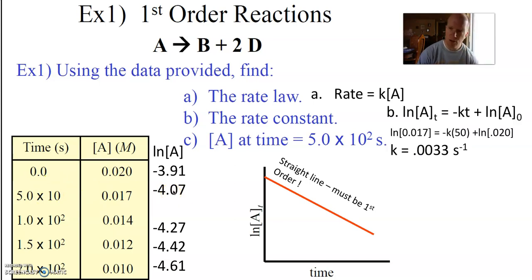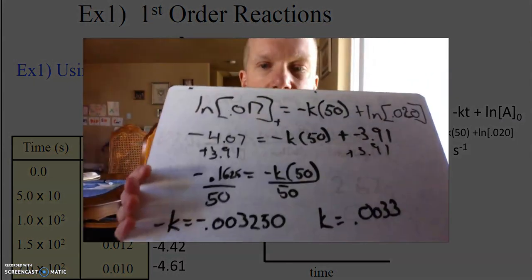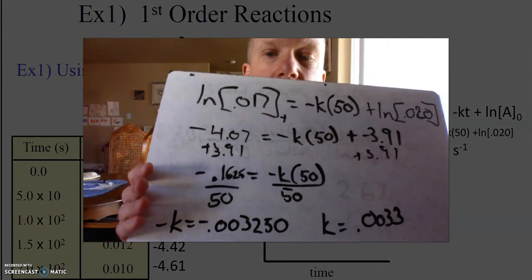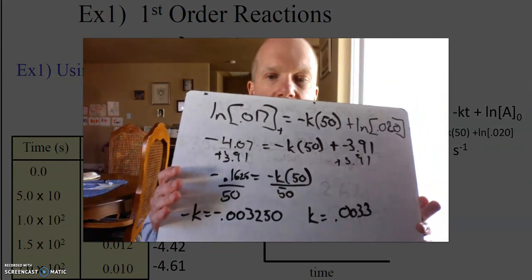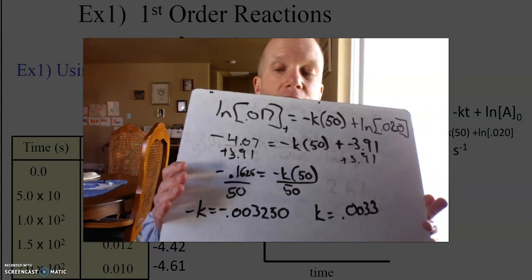Another way would be to use our integrated rate law. I have it typed up for you there on the screen. And then if I show my work here on this whiteboard, this is just the algebra that I did in order to find the slope. That's how I got that 0.0033.